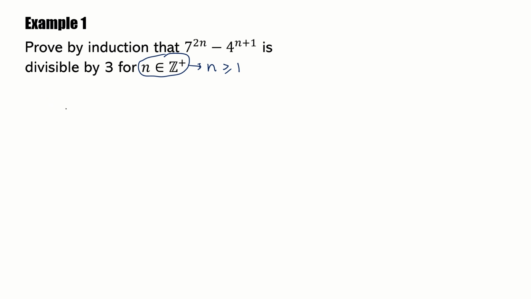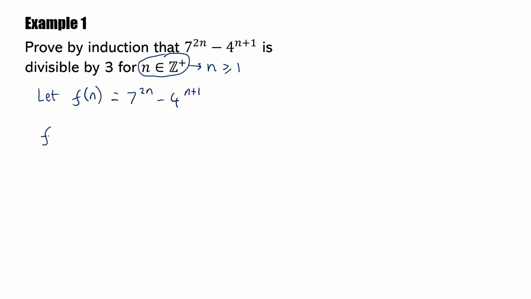So starting off, we need to do the basis case. However, to make the notation a bit easier, I'm going to start by saying let f of n equal 7 to the power of 2n minus 4 to the power of n plus 1. If they haven't done that, it's a good idea to do this because it makes it easier to write out certain steps later on.